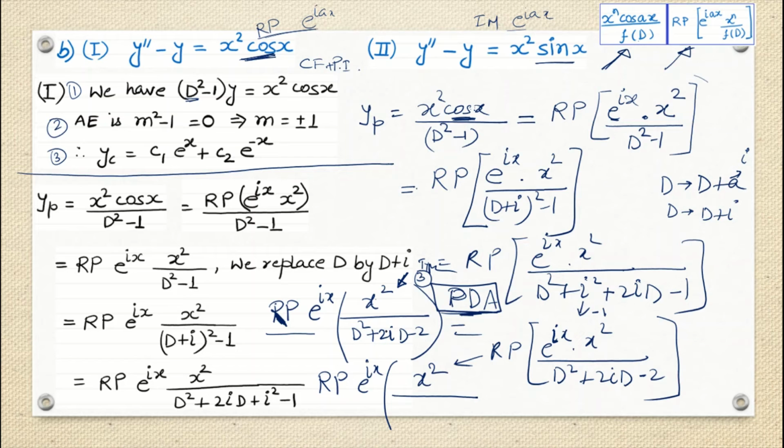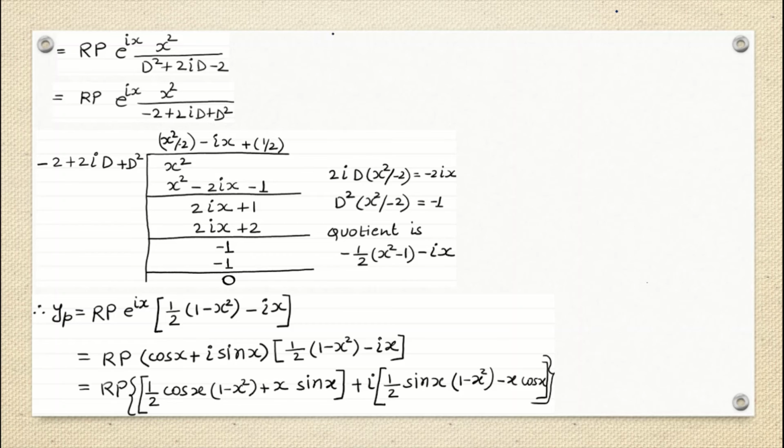In the denominator I have to change it into ascending order of power of D, so I can write minus 2 plus 2iD plus D square. Now I'm ready to do polynomial division.